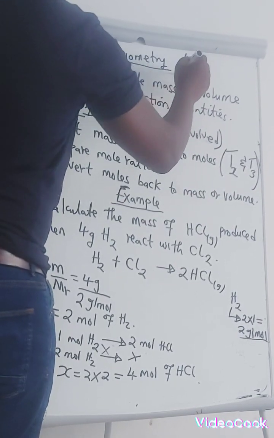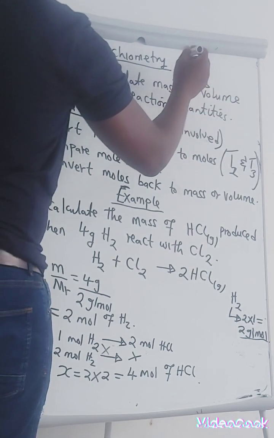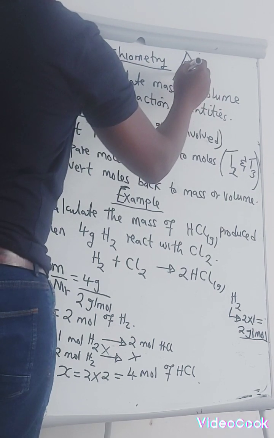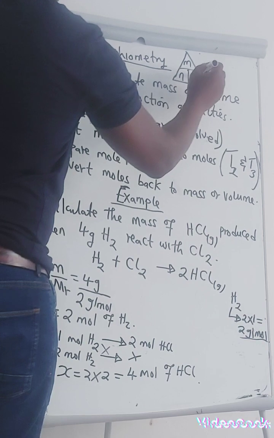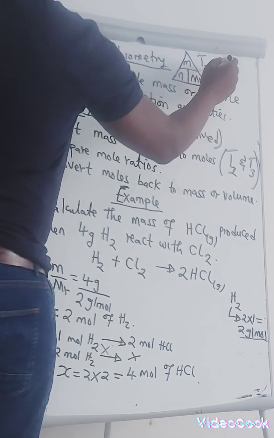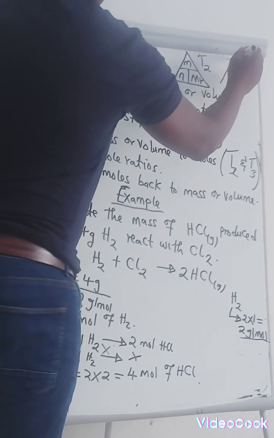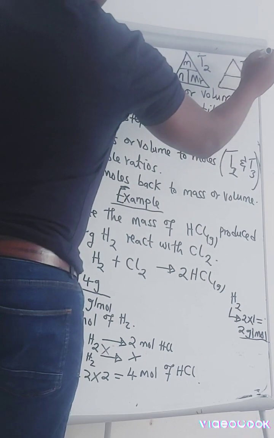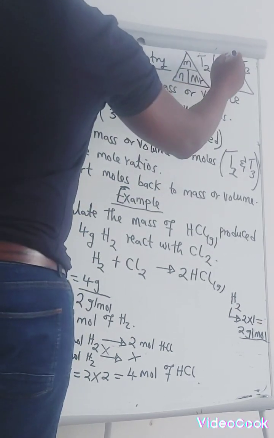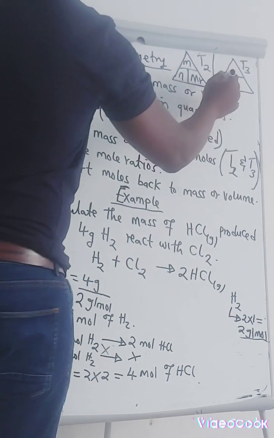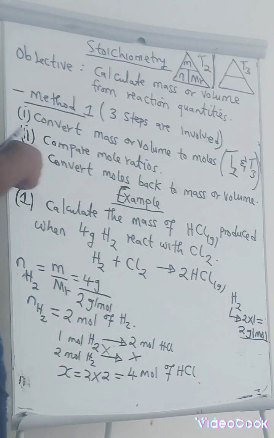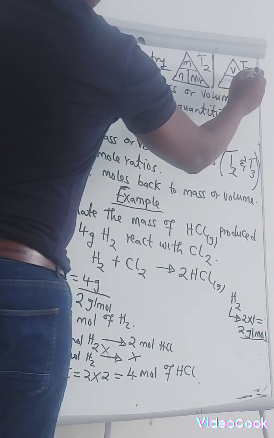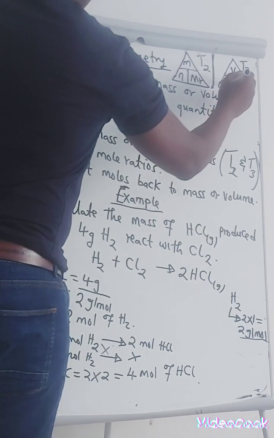The T2 is mass over number of moles times Mr. The T3 is V over Vm, number of moles.